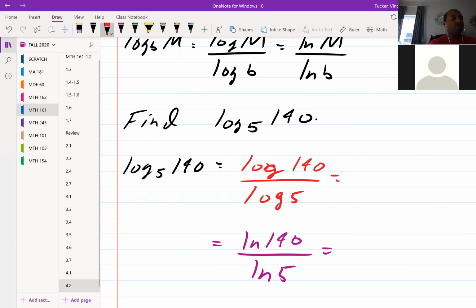All right, so going to the calculator. 2.14.